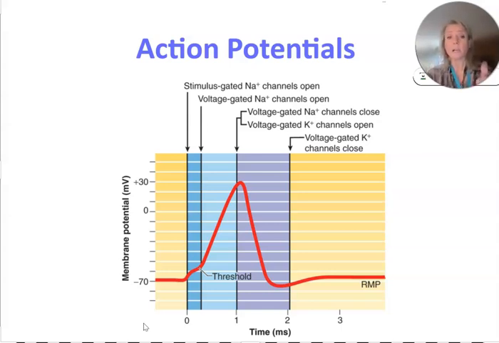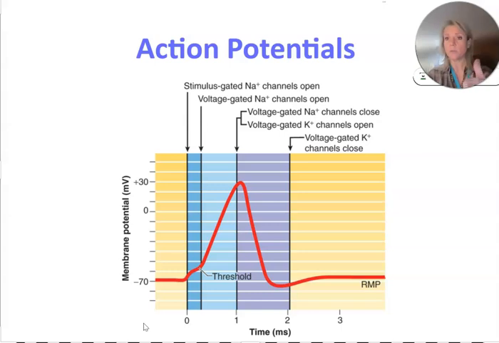Then, once our membrane potential reaches negative 55, our voltage-gated sodium ion channels are going to open. You're going to get sodium flowing in until you get up to about positive 30 millivolts. At that point, your sodium channels are going to close and your potassium channels are now fully open. Remember that they were stimulated to open at threshold, but they open very slowly.